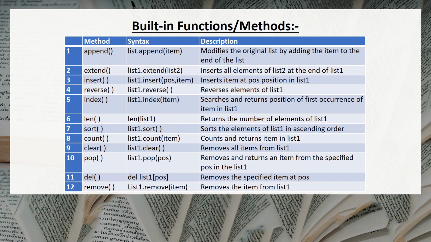That means pop and del work on the index and remove works on the value of the list item. That's it. Using lists is very important in Python because all the variety of data structures in Python are based on lists.